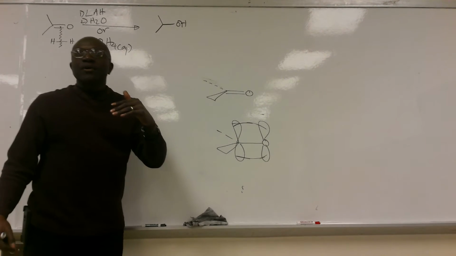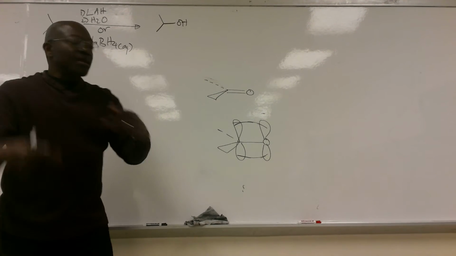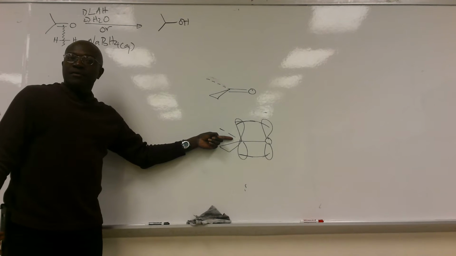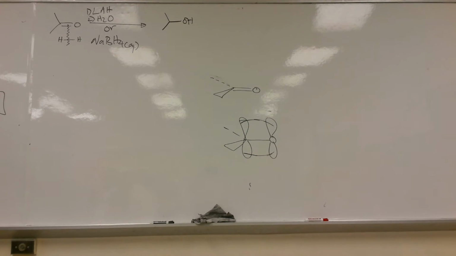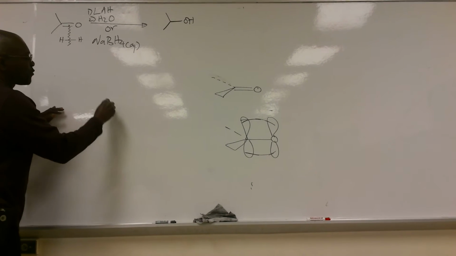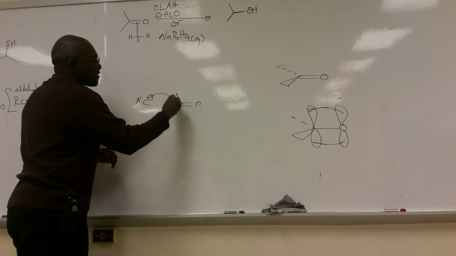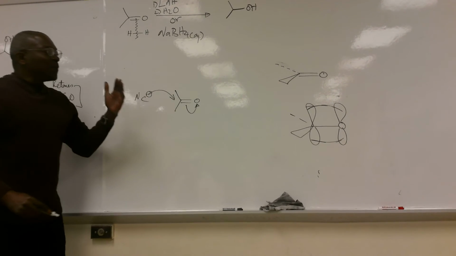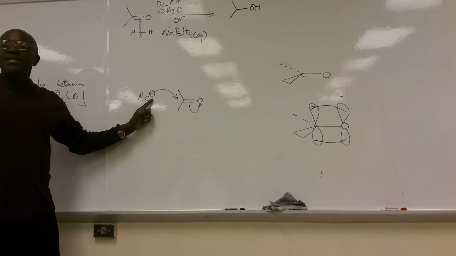You want to remember that when you make a covalent bond, orbitals overlap. There is no orbital here. So even sometimes when we write mechanisms, I didn't do it here, sometimes when we write mechanisms, we draw it like this. So we say, cyanide attacks here and the pi bond breaks. We do that with the full understanding this is not where cyanide attacks.